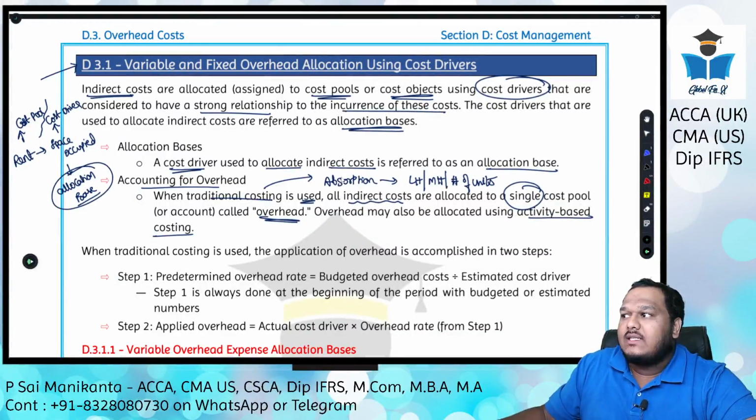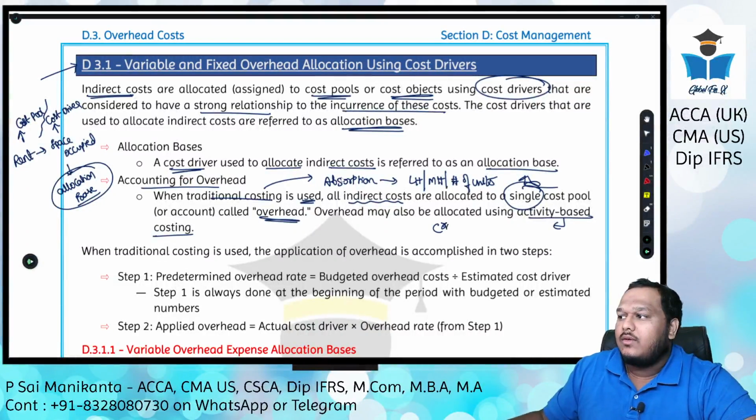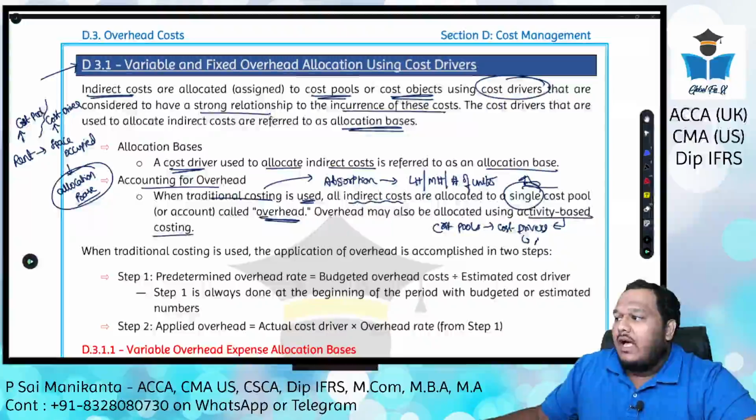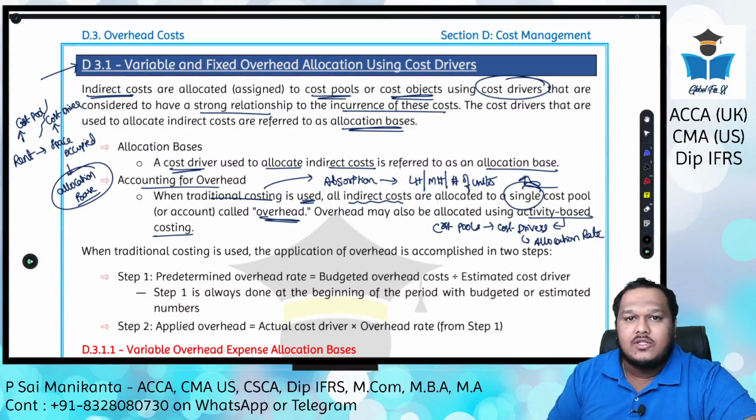Only one single rate will be there. Whereas if you use ABC, then you will have various cost pools. Each cost pool will have different cost drivers. Each cost driver will have an allocation rate, and then allocation to the products will be done based on that allocation rate.